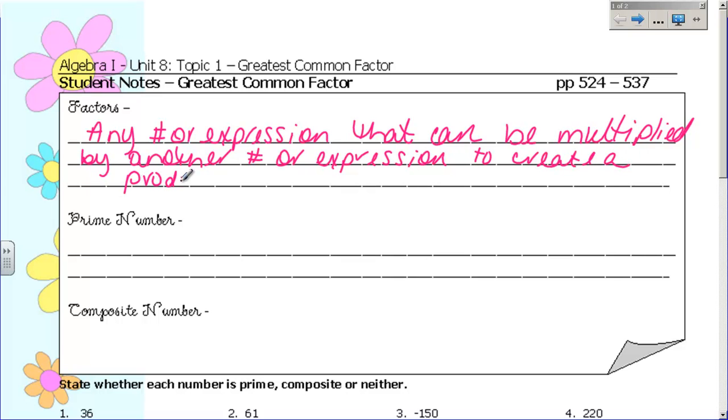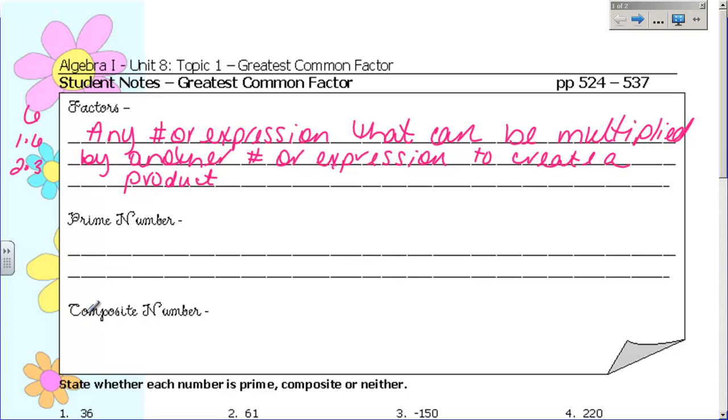For example, if I give you the number 6 and I say, tell me the factors of 6, well, the factors of 6 would be 1 times 6 because they multiply to equal 6, or 2 times 3 because those also multiply to equal 6. So the factors of something are things that multiply to equal that number.